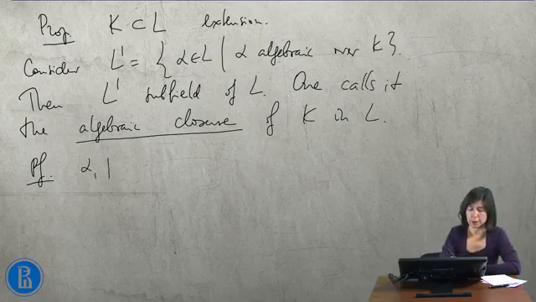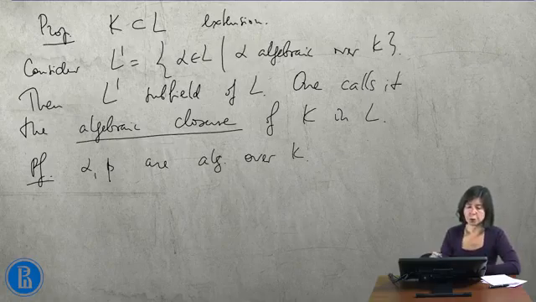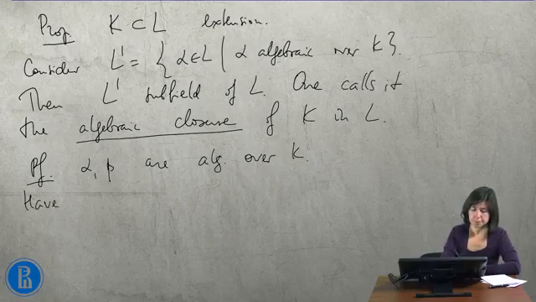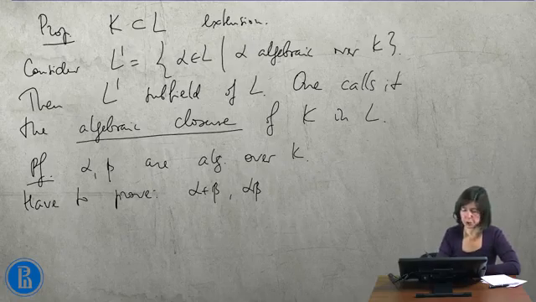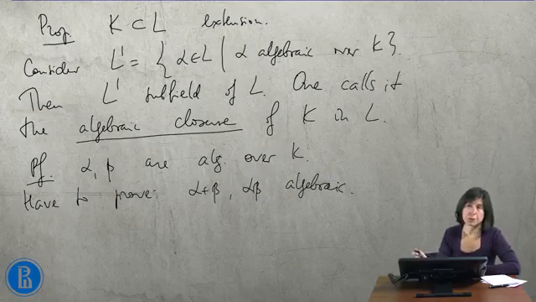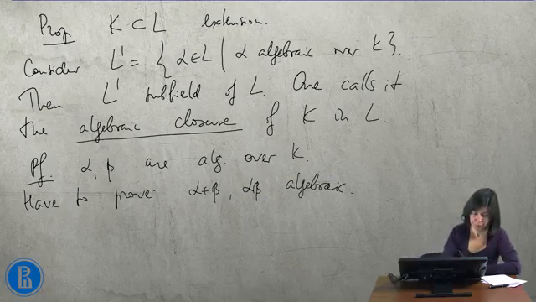If alpha and beta are algebraic over K, we have to prove that alpha plus beta and alpha beta are algebraic.